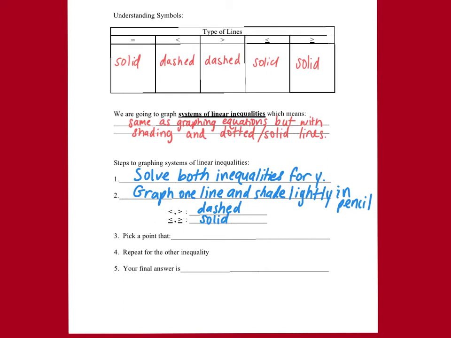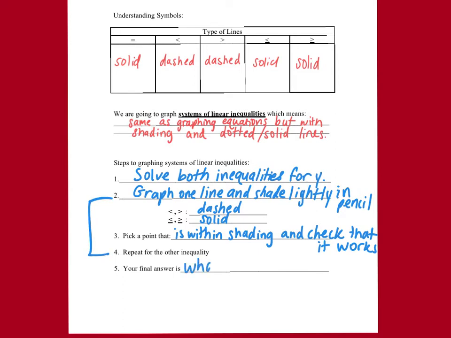Next thing you're going to do is pick a point that is within the shading and check that it's a true statement, or check that it works. I'll show you what that means in a minute. Repeat for the other inequalities, so repeat all of these steps. Your final answer is just going to be what shading they have in common.